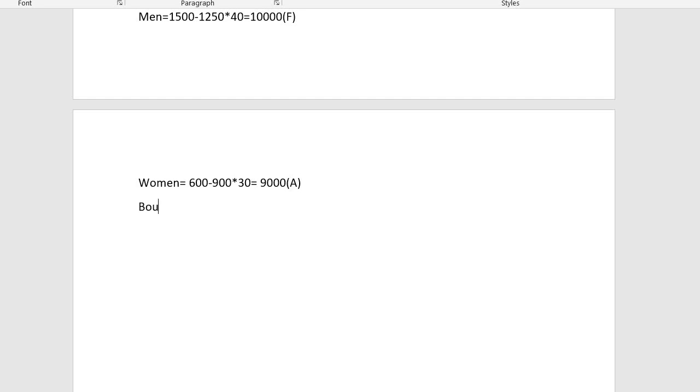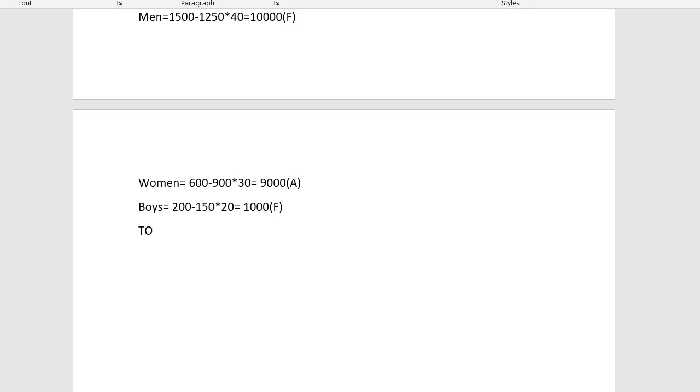Next for boys, the revised standard hour is 200 minus actual hour 150, into standard rate 20, equals 1000 favorable variance.